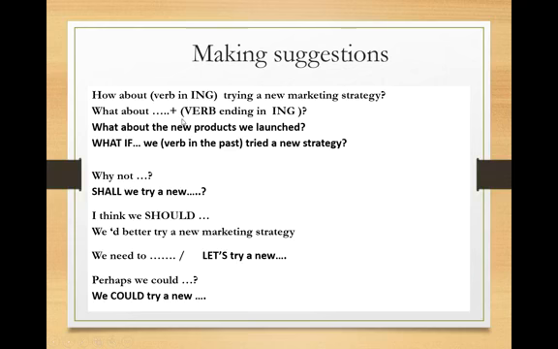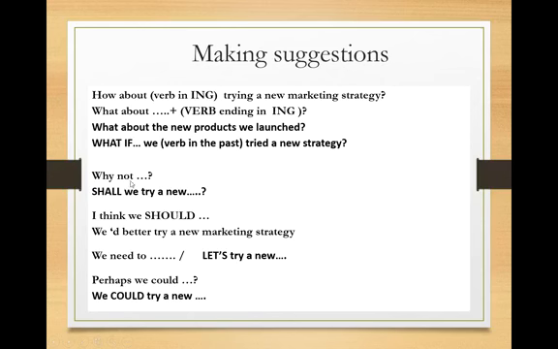Then what about plus verb ending in ing? What about going to this? What about doing that? Or what about the new products we launched? And then what if we, plus verb in the past, tried a new strategy? What if we tried a new strategy?